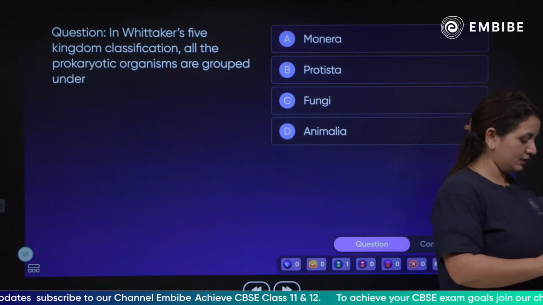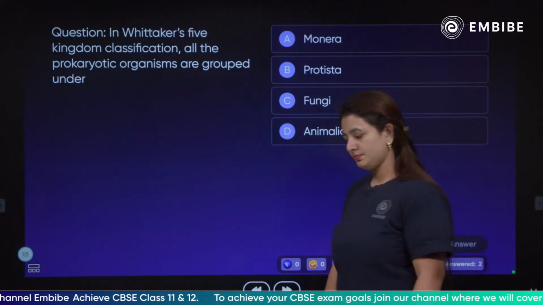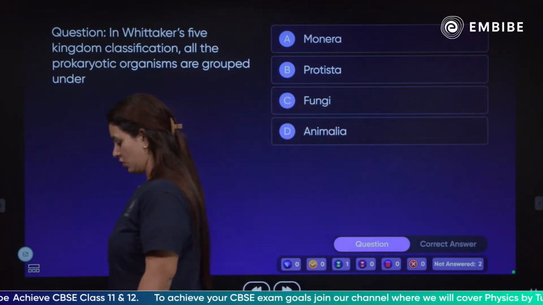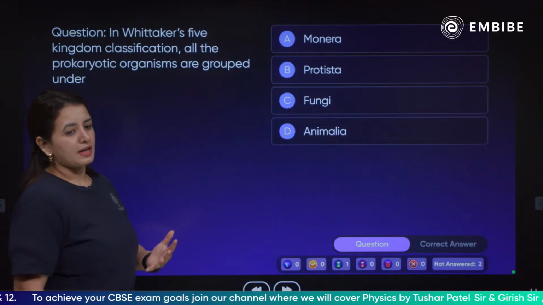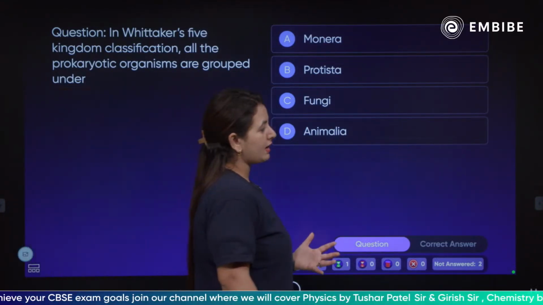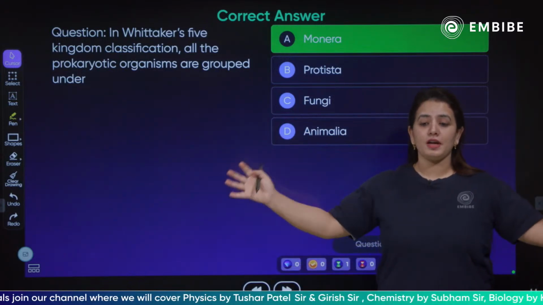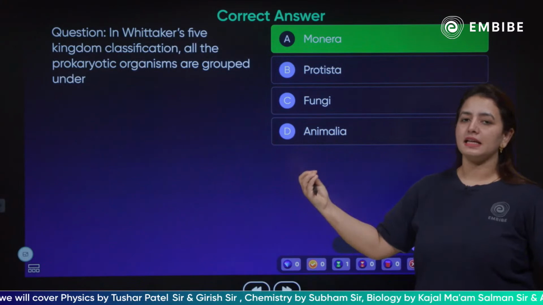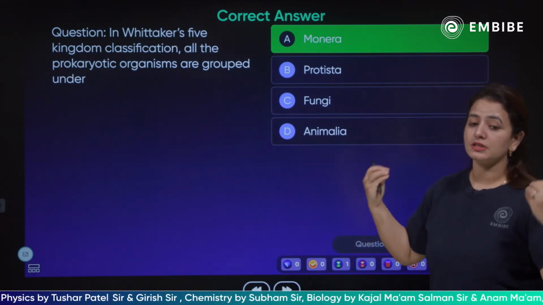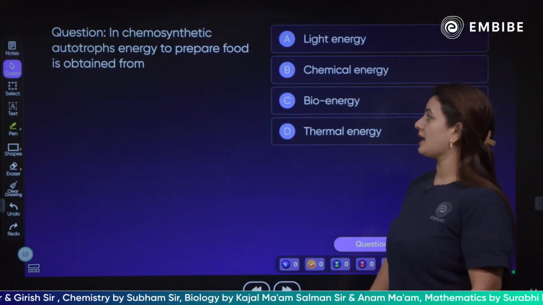Come on, quickly answer. According to 5 kingdom classification, the prokaryotic organisms are grouped under kingdom Monera. Just now we have discussed about it. The kingdom Monera is basically the kingdom which consists of all the prokaryotic organisms, primitive kind of organisms.